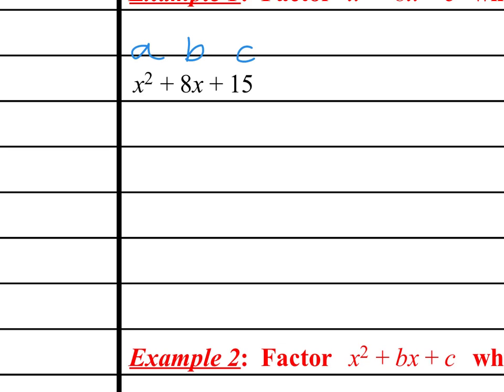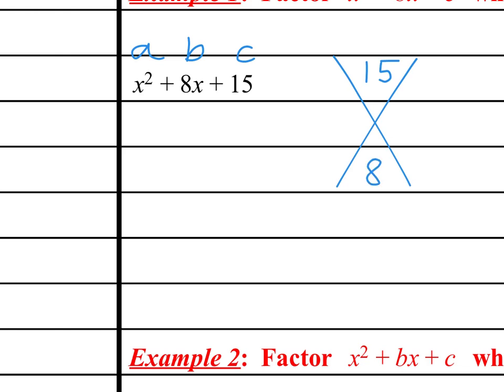You need two numbers that multiply to c, so that multiply to 15, but add to what? 8, the b term. So here's what you'll see me do over and over and over. I'm going to draw this little X thing. I'll do it out to the side for right now. Two numbers that multiply to 15, but add to 8.